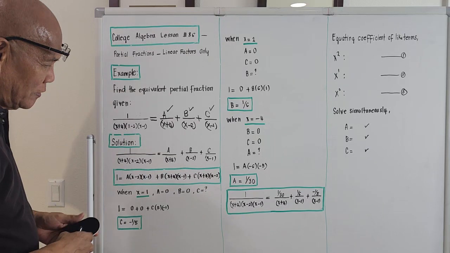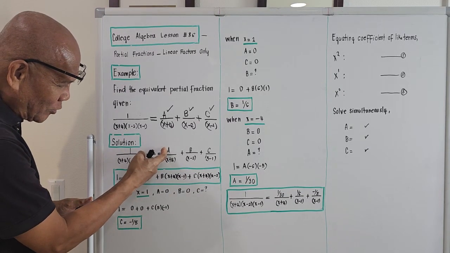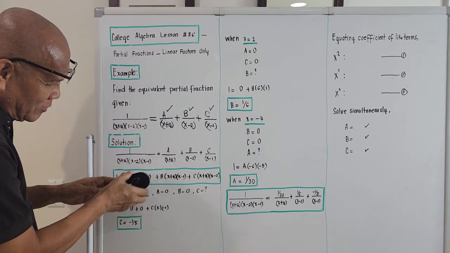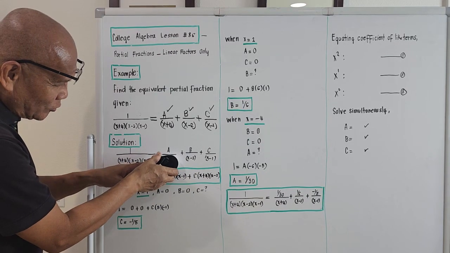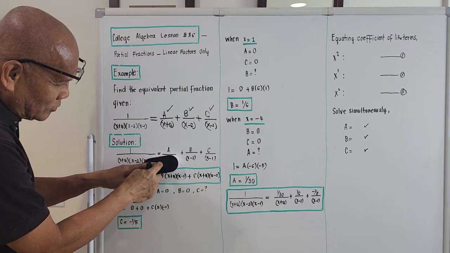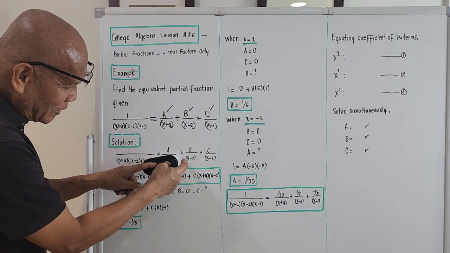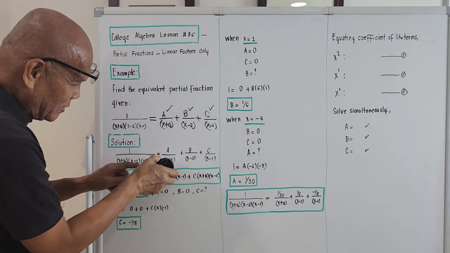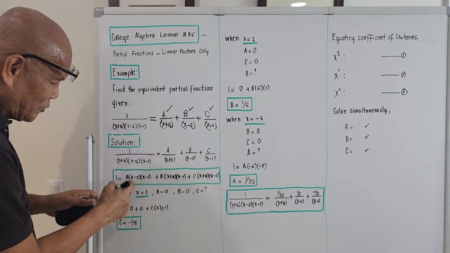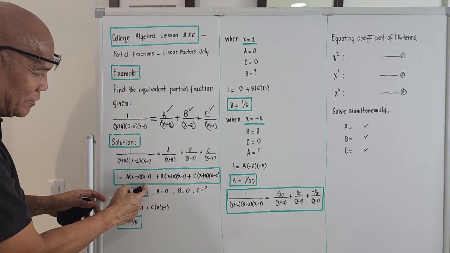If we try to get the multiplier of A, we cover the denominator of A. So the multiplier of A will be x minus 2 and x minus 1.